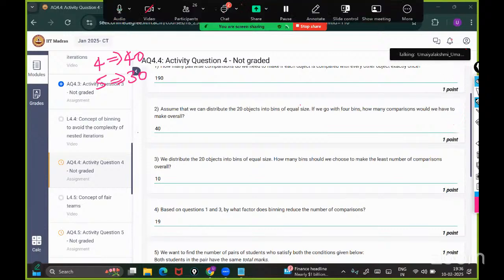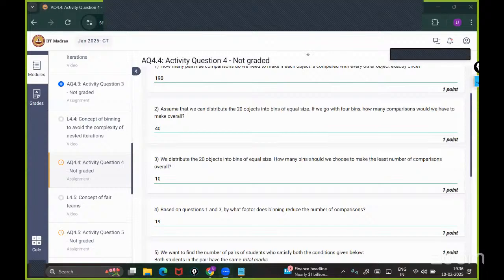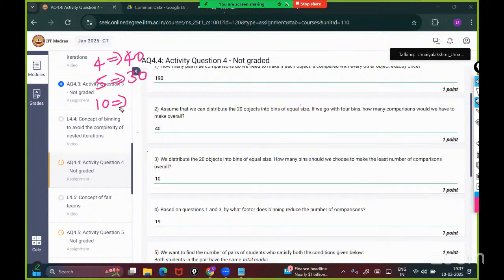So in case of 10, how many bins can be used? 10 bins, right? If it is 10 bins, how many elements does each bin contain? 20 has to be divided by 10.